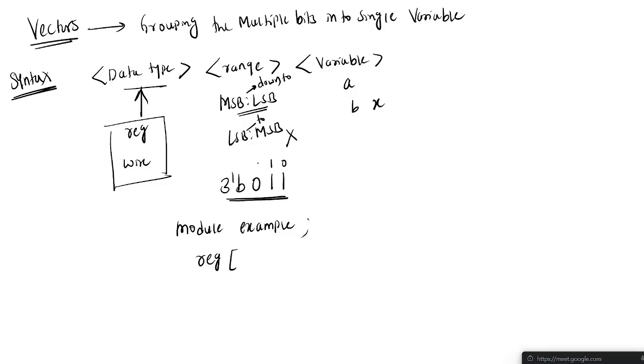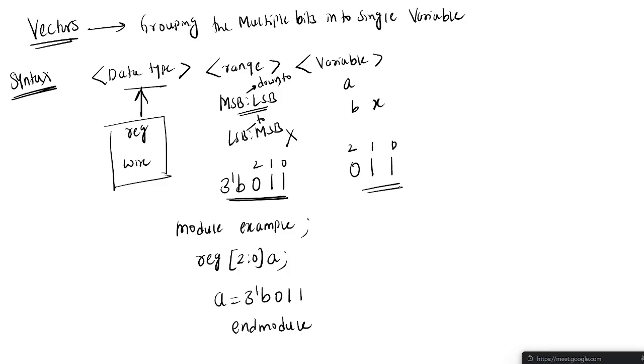Index is what? 0, 1, 2, 3 bits, so 2 down to 0, A. A equal to 3'b011, and end module. Like this I can represent. Is it fine? So these are nothing but indexes. 0 1 1 is stored at indexes 2, 1, 0.